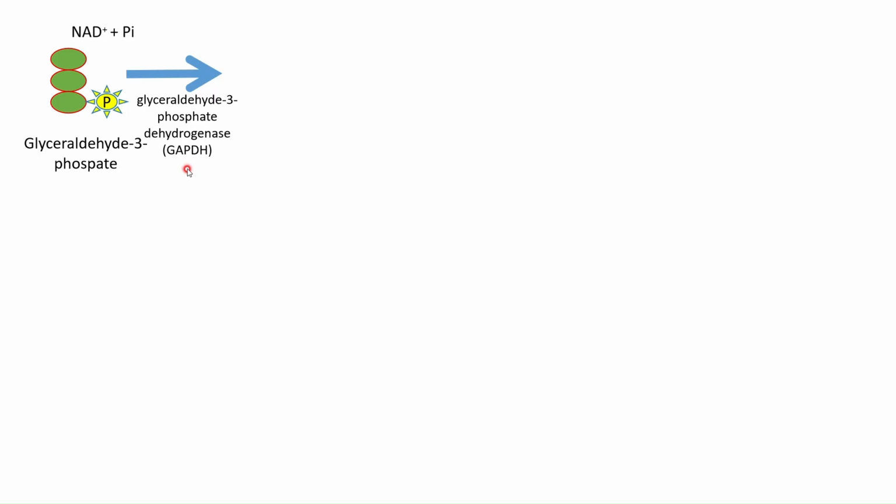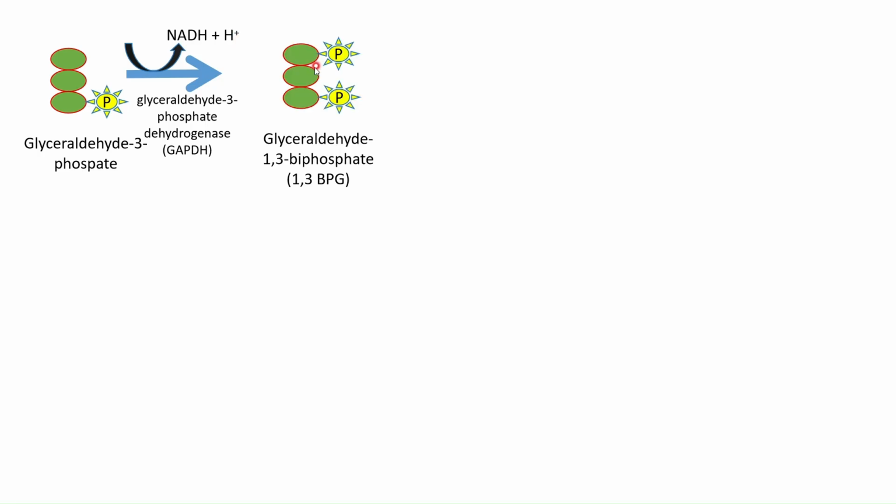Now look, NAD, which is oxidized, is going to be reduced into NADH and 1 proton. And in here we have 1 extra phosphate that was added into our molecule, and now we have glyceraldehyde 1,3-biphosphate, or 1,3-BPG.